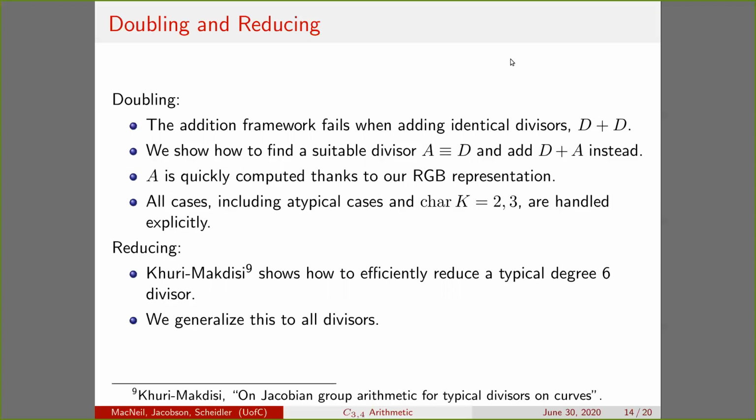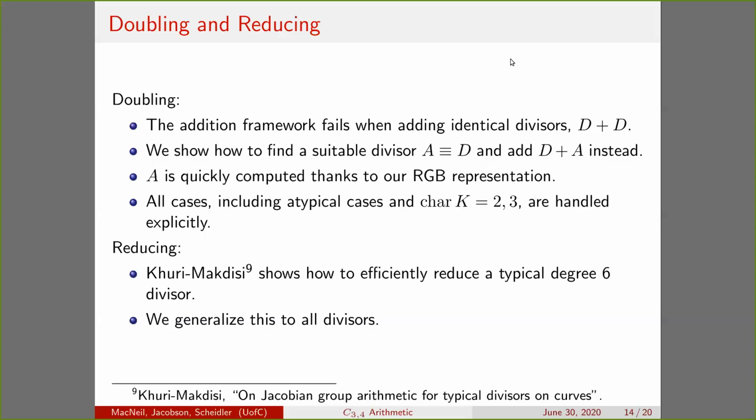Thanks to our reduced Gröbner basis representation, A can be very quickly computed. And then we fall back on the addition algorithm where our savings there will apply as well. So this gives us an improvement when doubling divisors. And as before, we managed to describe with explicit formulas every atypical case that arises when doubling divisors.